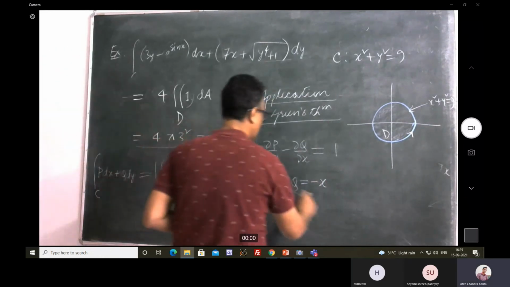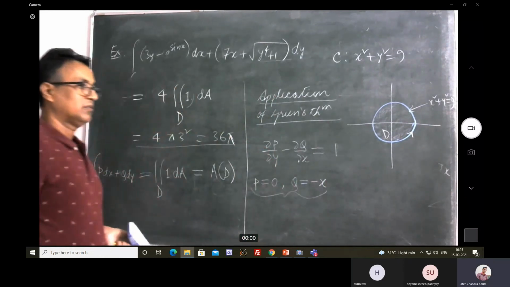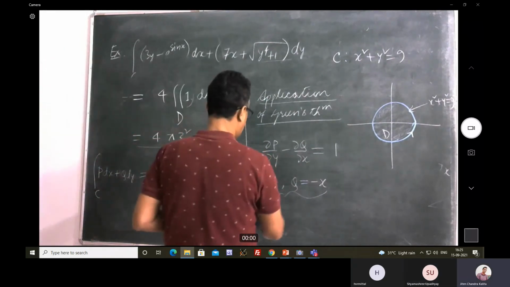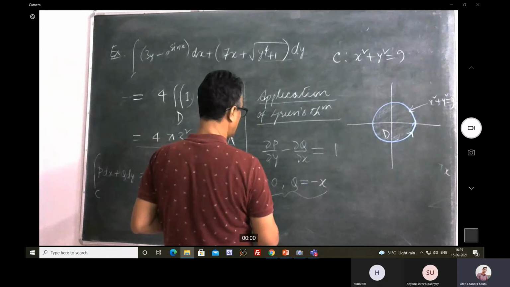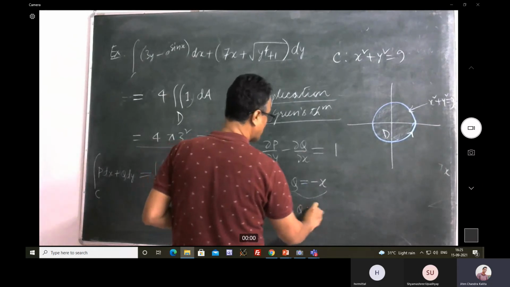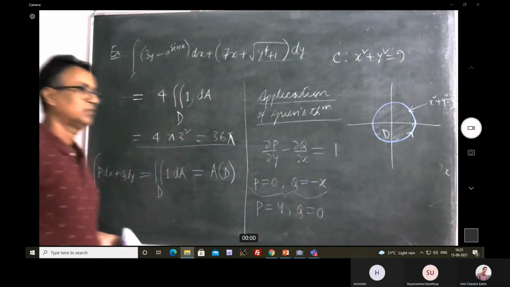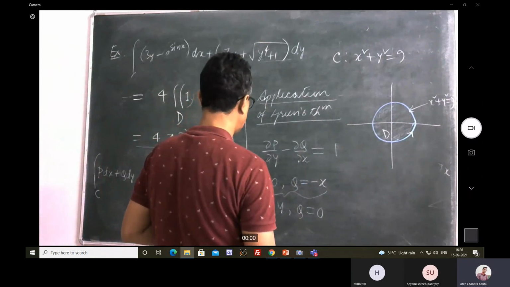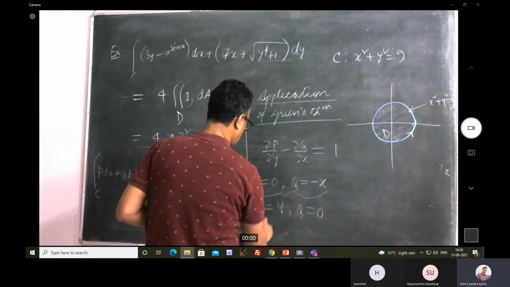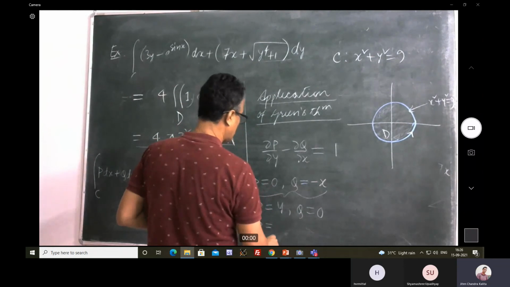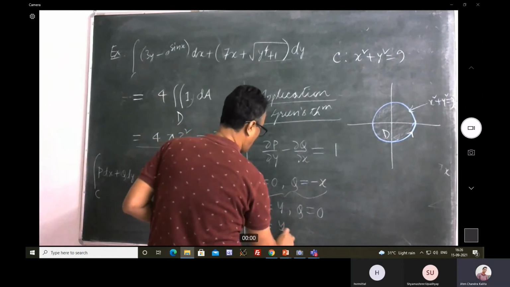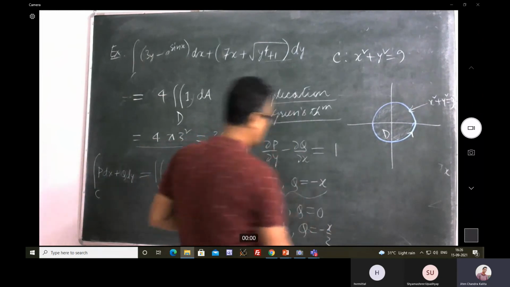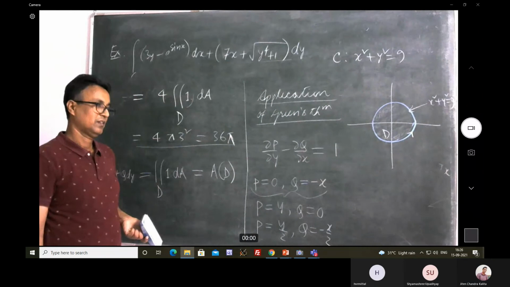This can be one combination. Another combination could be P equal to y, Q equal to 0. Fine. Another combination could be P equal to y by 2, Q equal to minus x by 2. Right?